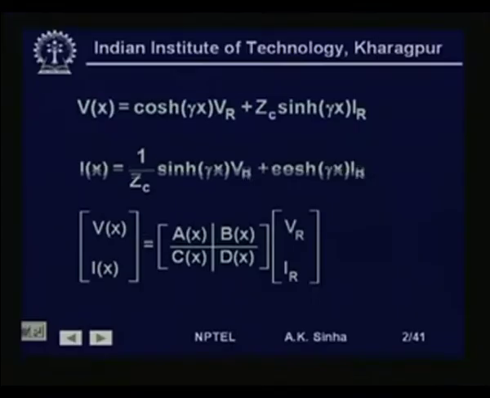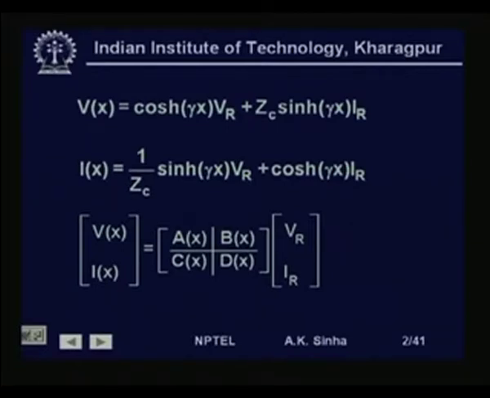For these lines, we said that the line voltage V x at a distance x from the receiving end is given by cosh gamma x into V r plus Z c sinh gamma x into I r, where gamma is called the propagation constant, x is the distance of the point from the receiving end, and V r and I r are the voltage and current at the receiving end.